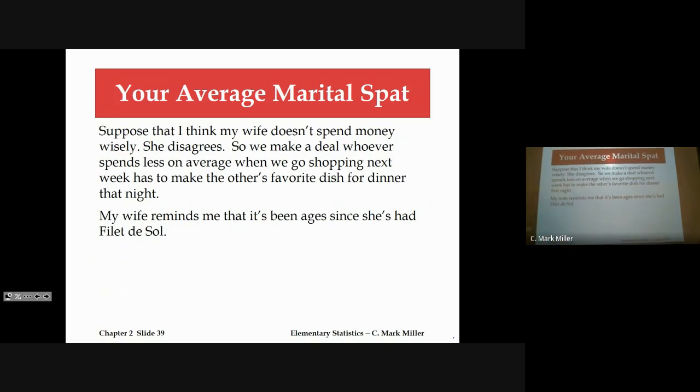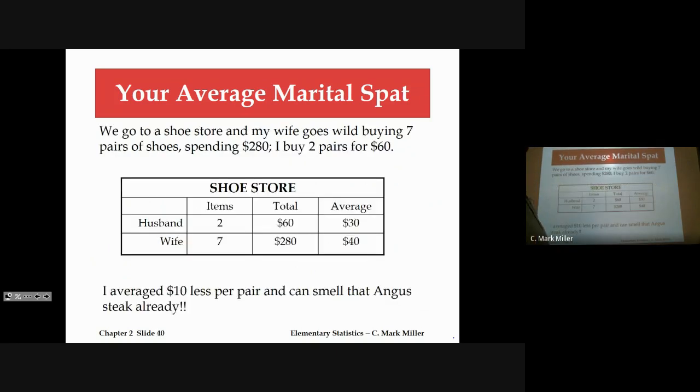She disagrees. So we make a deal that whoever spends less on average when we go shopping next week has to make the other's favorite dish for dinner. Okay? My wife reminds me it's been ages since she's had filet de sole. Okay. So we're going to go shopping.